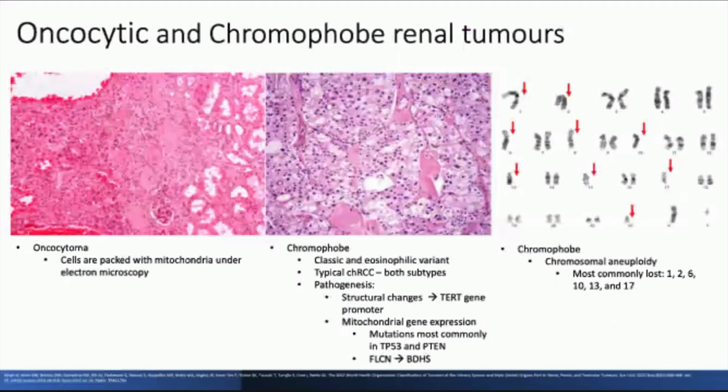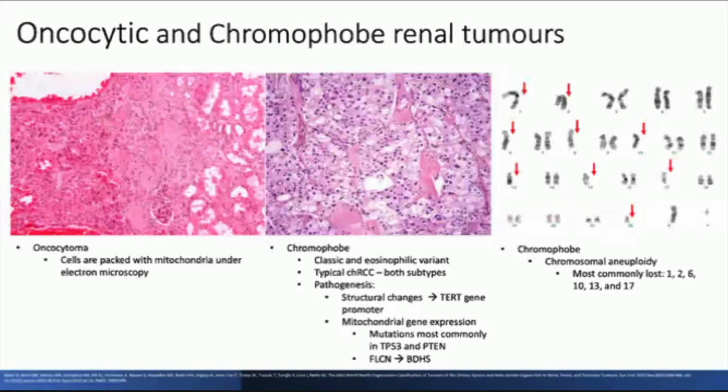Now, the oncocytic and chromophobe renal tumors. This classification includes oncocytomas, chromophobe RCC, as well as a new category that's called other oncocytic tumors of the kidney. And this category refers to oncocytic renal tumors with low malignant potential and features between both chromophobe RCC and benign oncocytoma.